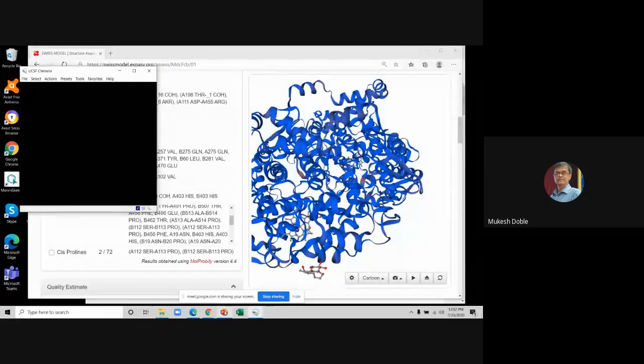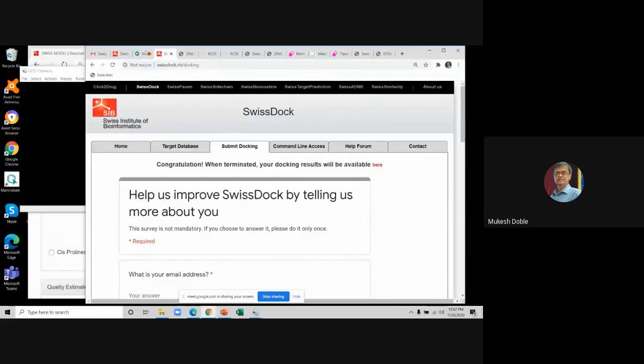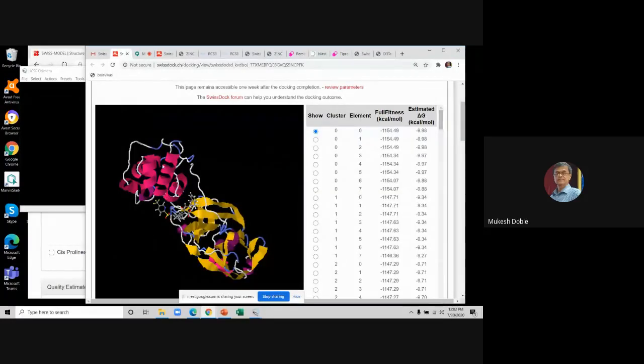You have to remember that. So if you want to view the protein with the ligand, we need to have either JSmol or UCSF Chimera.